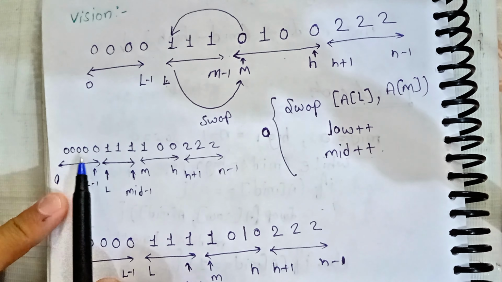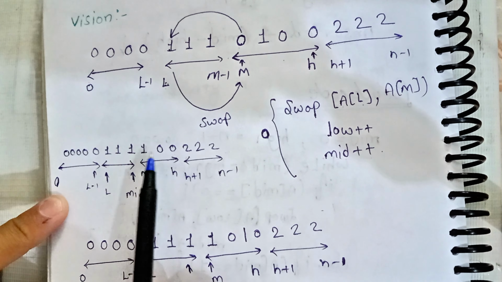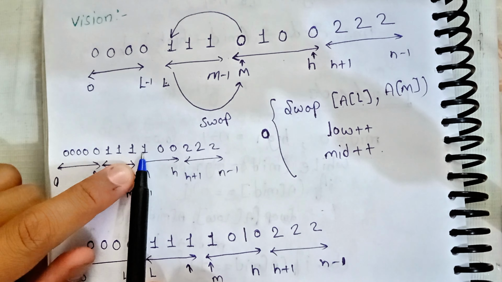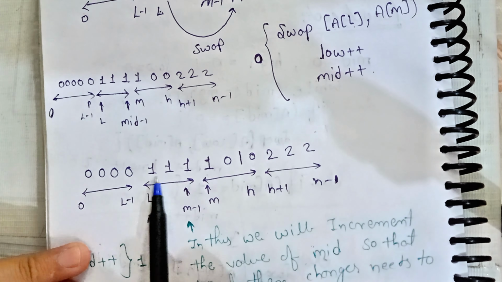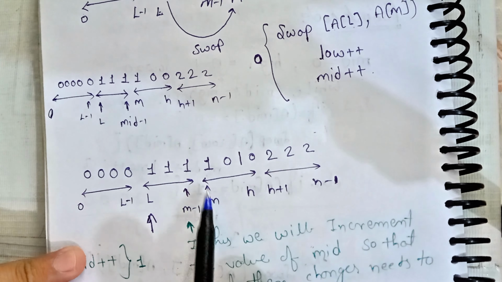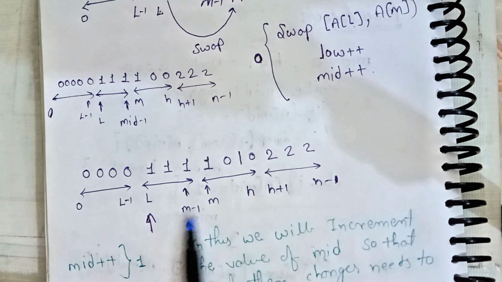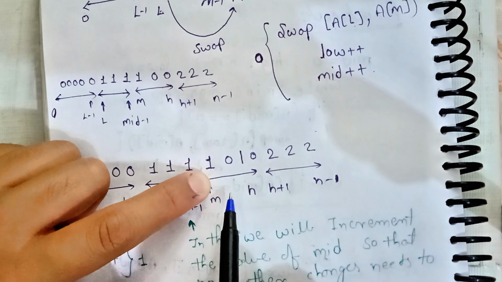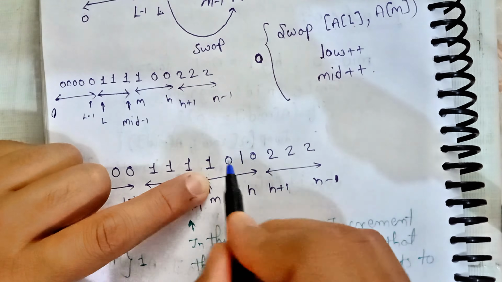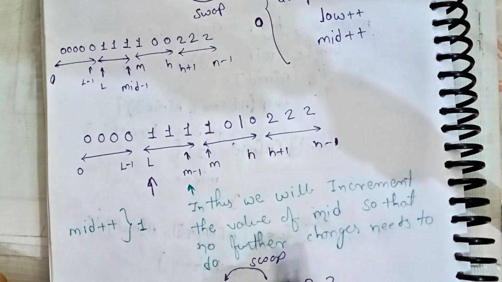After that the order is like this: 1 comes here and 0 goes there. Talking about 1, what if 1 is at the place of mid? We will basically increment mid, so that no further change needs to be done.